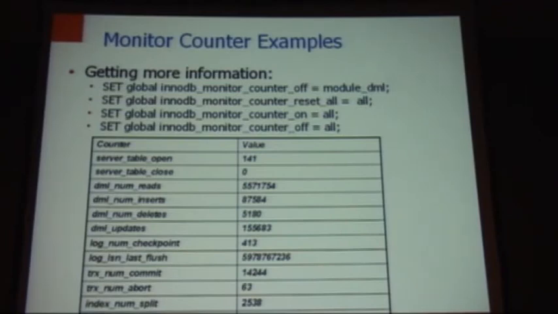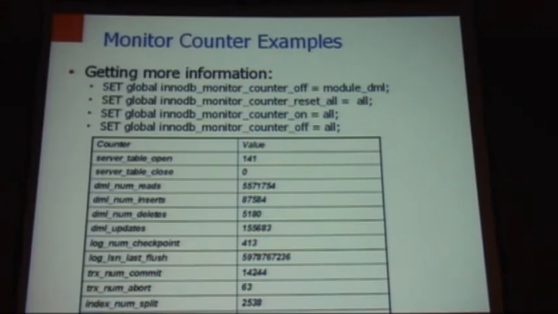You take a look at it, so you will see some statistics in terms of how many tables open. So for all those transactions, only 141 times table open happened. InnoDB doesn't close table very often. Once table is open, it stays in the memory cache.